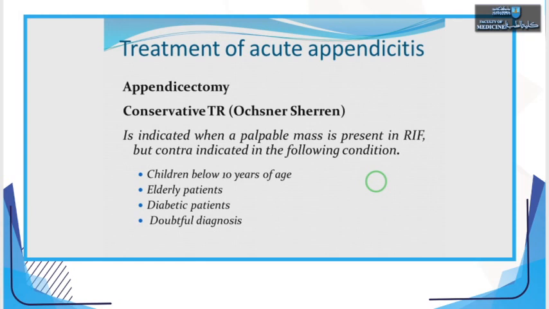In diabetic patients, don't wait, don't use this technique. And if you are still doubtful in diagnosis. This conservative treatment is used for a sure diagnosis of phlegmon without perforation, without pus formation, in a non-high-risk patient. And then after 3 months, you do an interval appendectomy.